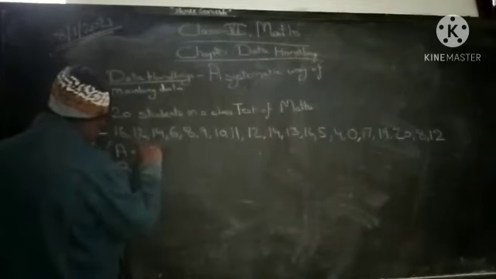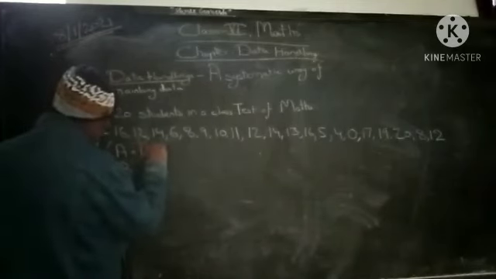So A grade means 16 to 20, B is 11 to 15, C is 6 to 10, and lastly D is 0 to 5.